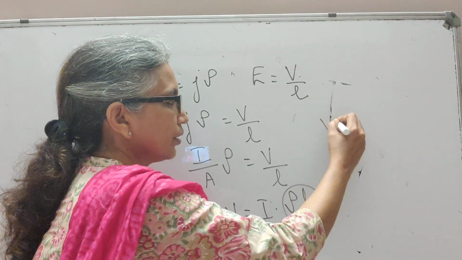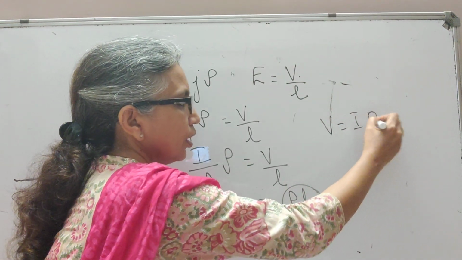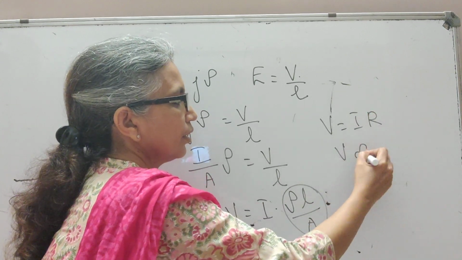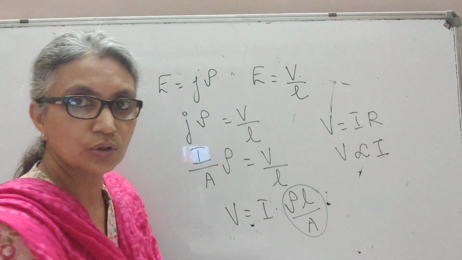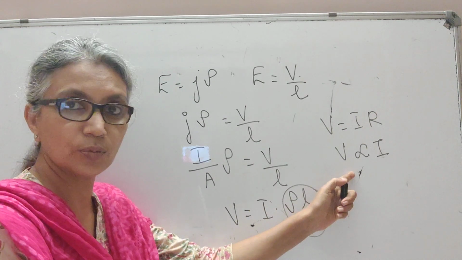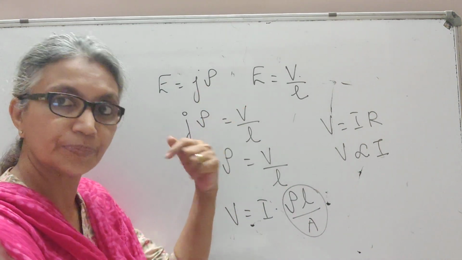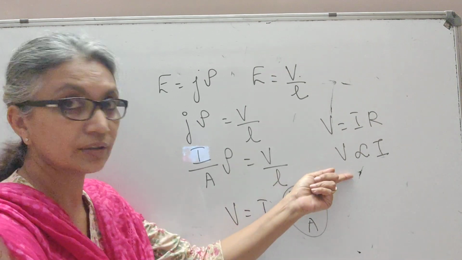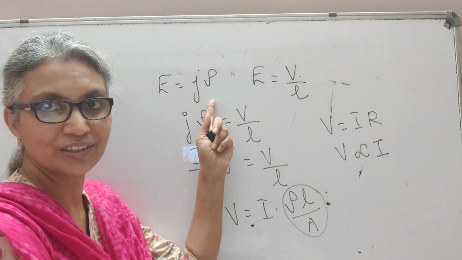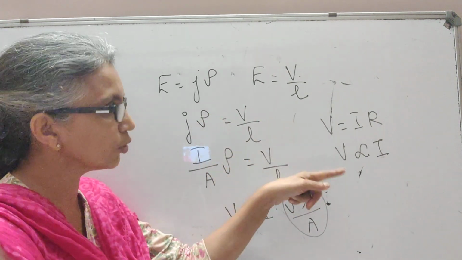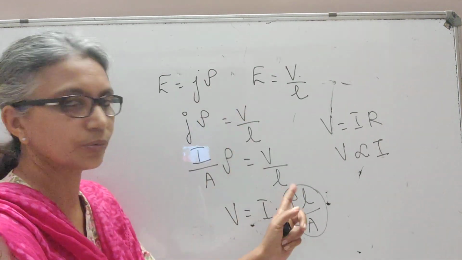So I may write V equal to I into R, R being a constant, so V is proportional to I. So you may also be asked to arrive at Ohm's law from this equation. Previously we started with Ohm's law and arrived at this equation. You may also be asked to arrive at Ohm's law from this equation. This is how you will do it.